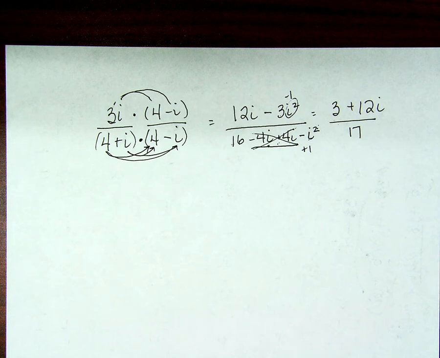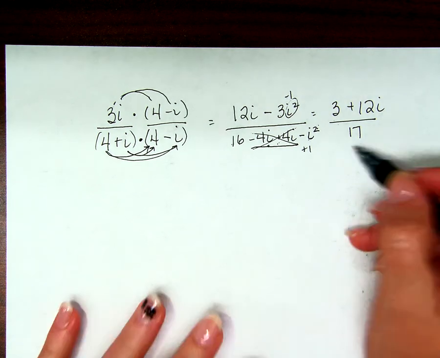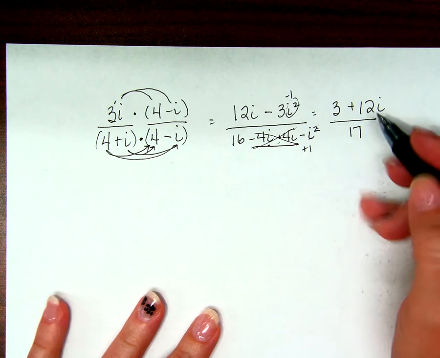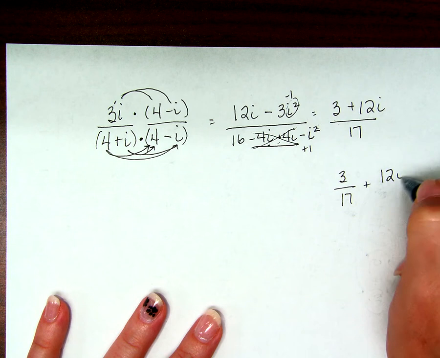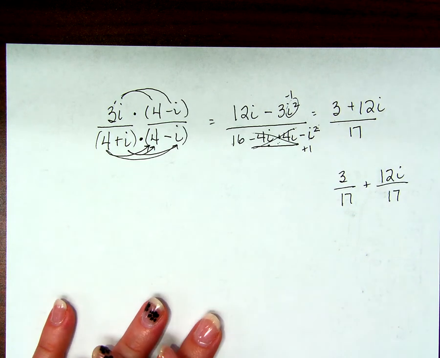Okay? Now, I need you to be careful about this. Your MyMathLab settings, I don't know. You'll just have to try it. It might take this perfectly fine. It might want this. What did I do?